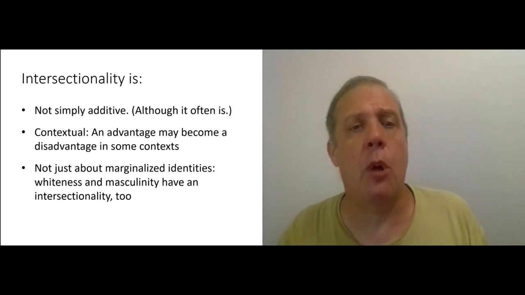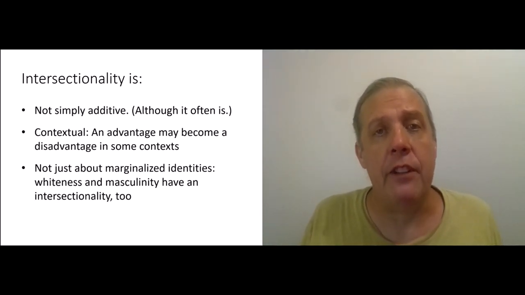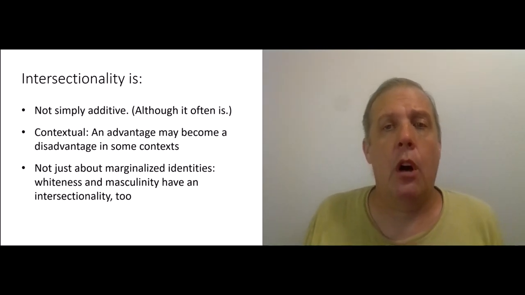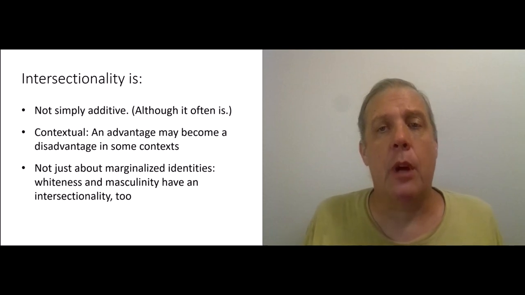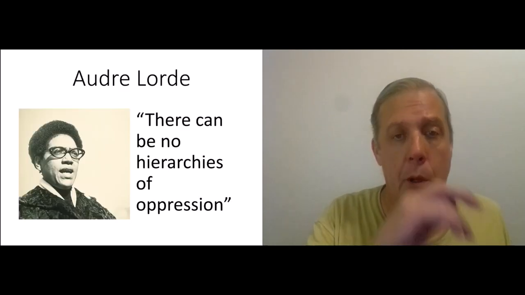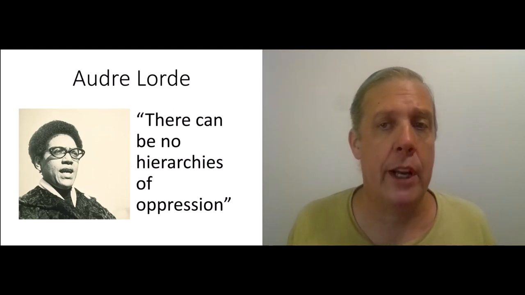It's not just about marginalized identities. Also, whiteness and masculinity have an intersectionality too. I want to end this discussion by highlighting a quote that Linker gives from Audre Lorde. There can be no hierarchies of oppression.